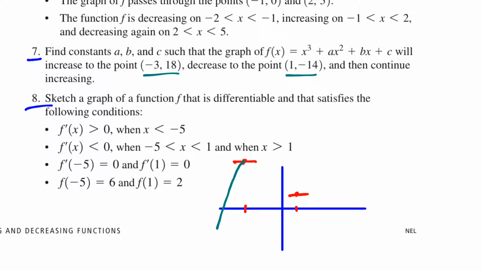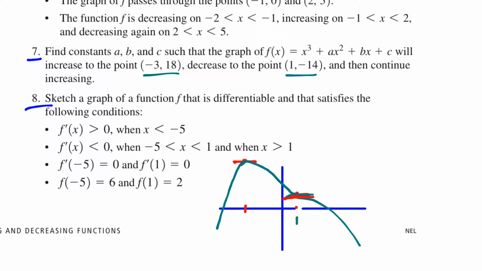Between negative 5 and 1, it is decreasing, and it's going to be decreasing after x equals 1.